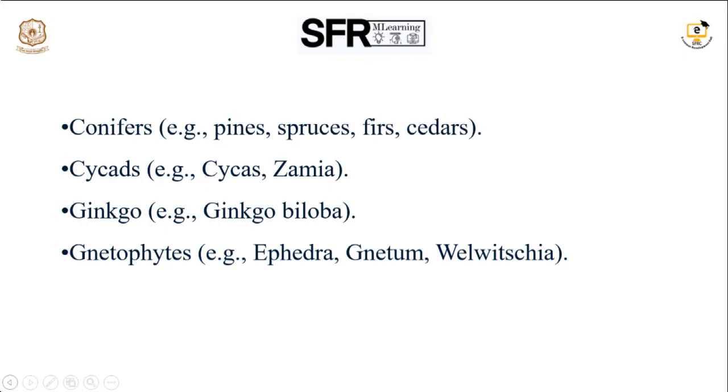It has scaly leaves and a venation with only a midvein. The next ones are Ginkgo biloba, Ephedra and Gnetum. Some fossil forms are also present in the gymnosperms, that is Williamsonia, which is a very hard woody type of gymnosperm.